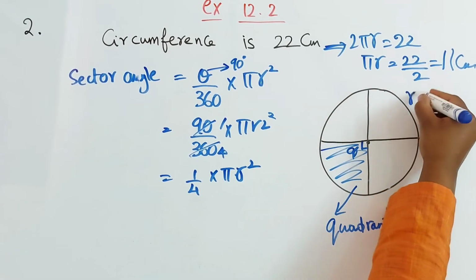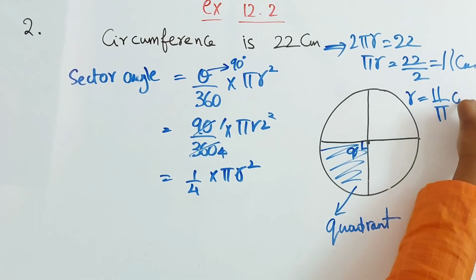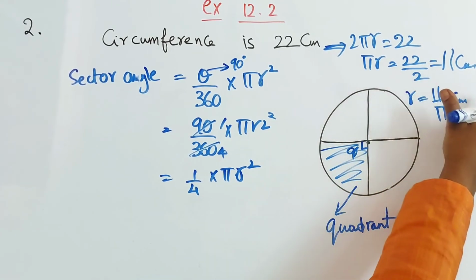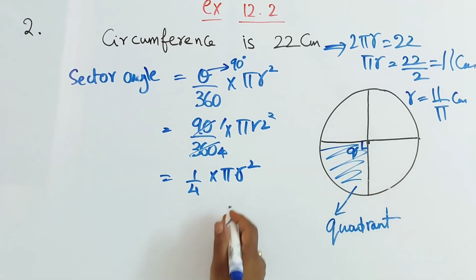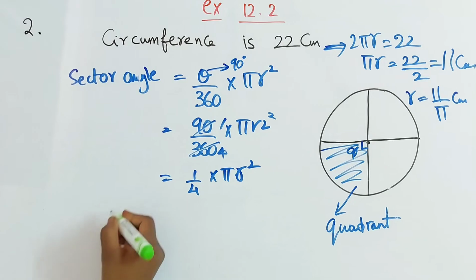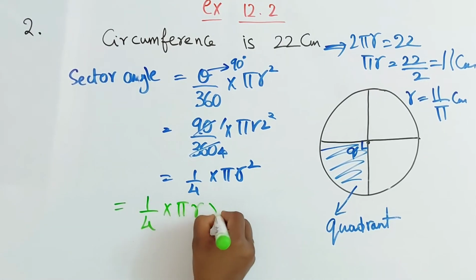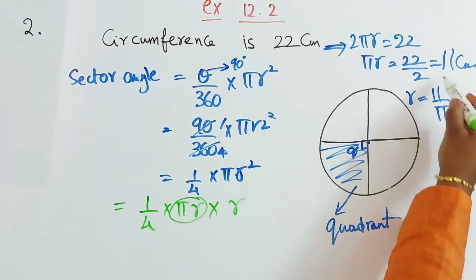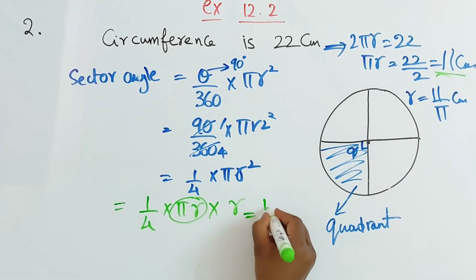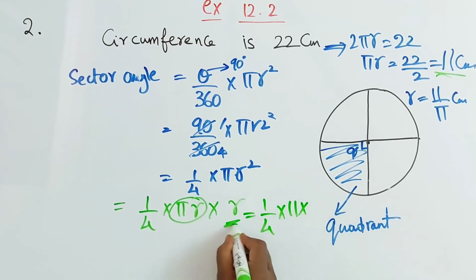If we want r, r equals 11 divided by pi centimeters. Right, children? Pi r value is 11 centimeters and r equals 11 by pi centimeters. Now we can use r and pi r values here. This one we can write as 1 by 4 into pi r into r. Correct, children? What is the pi r value? It is 11 centimeters. This equals 1 by 4 into 11. And what is the r value?